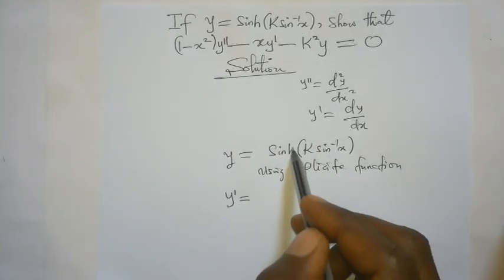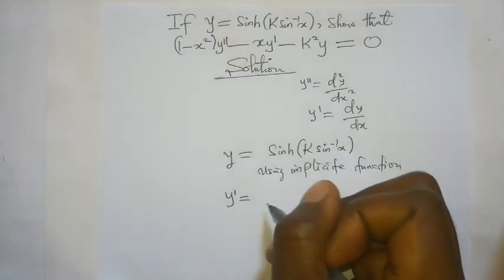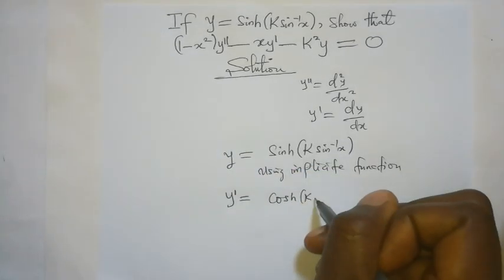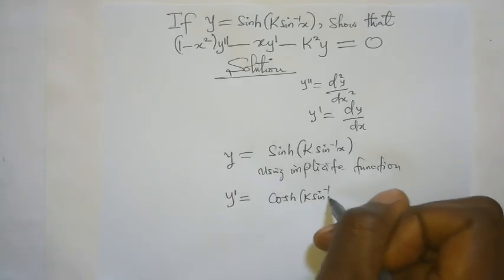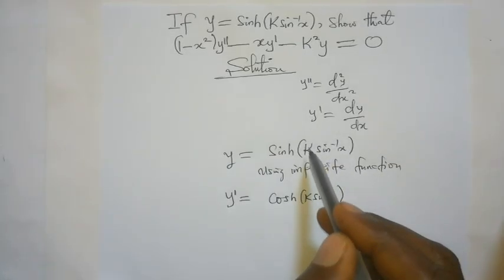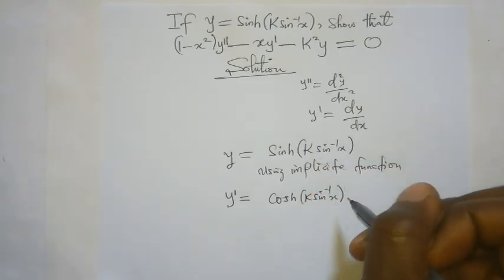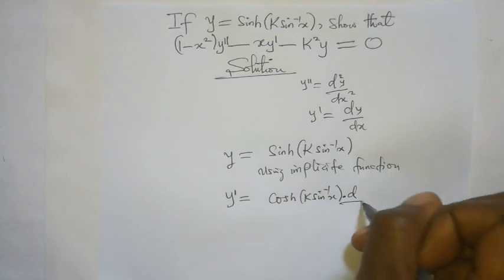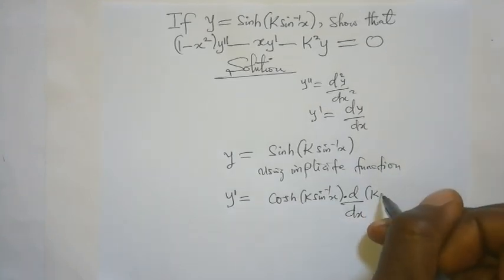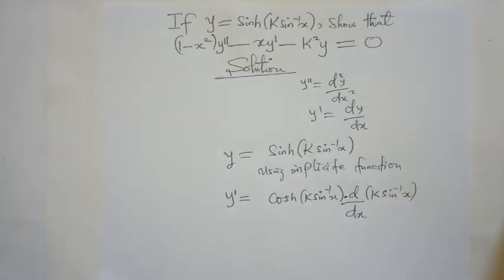The differential of sine is going to give us cos(k sin inverse of x) times the differential of what is inside, d/dx of k sin inverse of x.